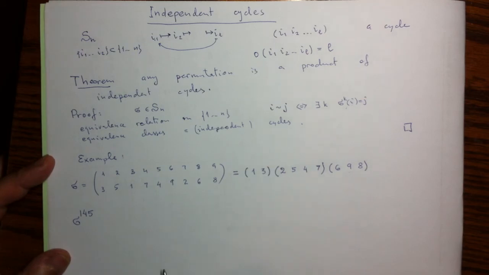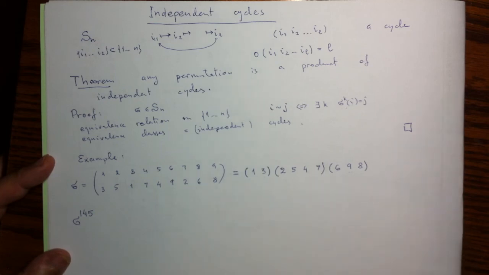And what is the smallest number of iterates we have to perform on the whole thing to get the identity? Well, you can imagine that it should be the least common multiple, because these permutations are independent.